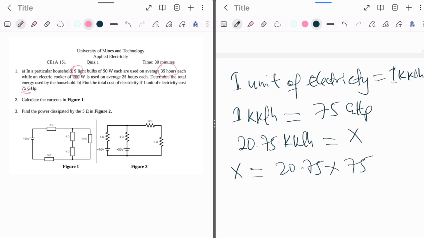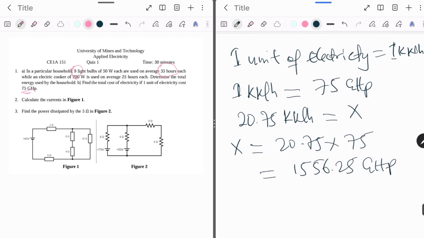And that will give us 1,556.25 Ghana pesos.